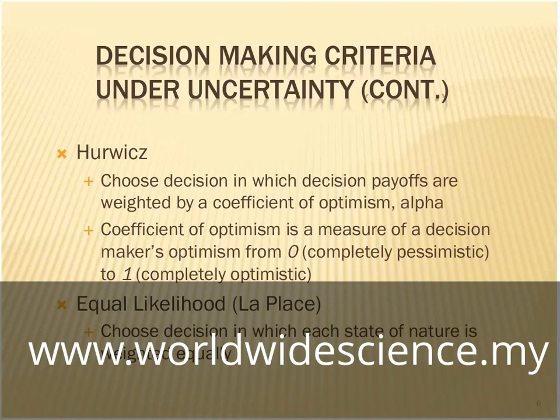If you have three states of nature, you should allocate 0.3 to each of states A, B, and C. Okay, now please let me give you an example.